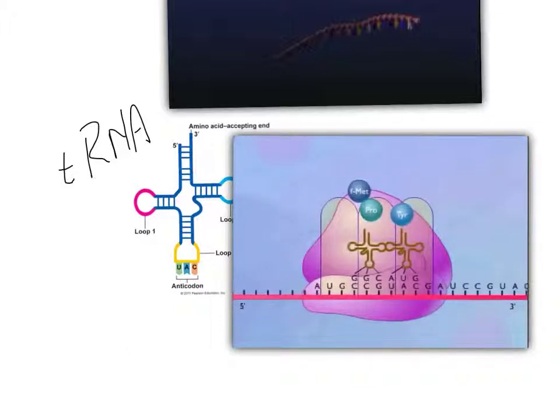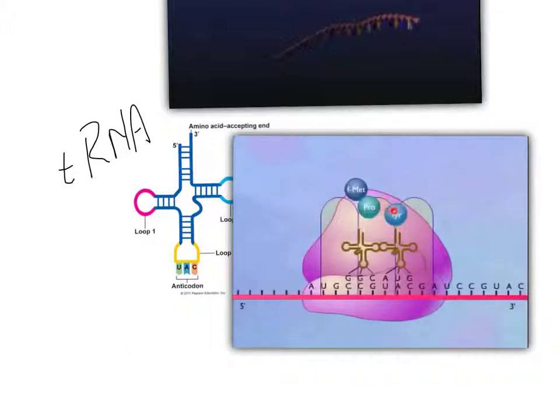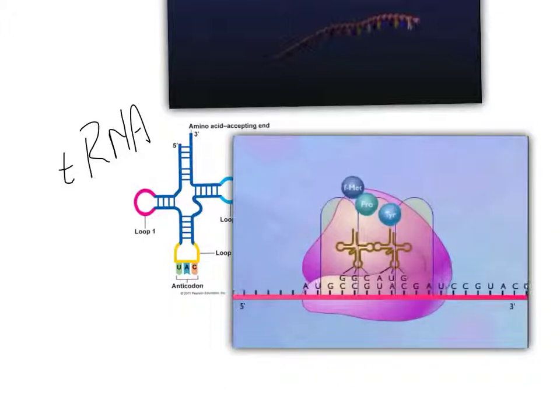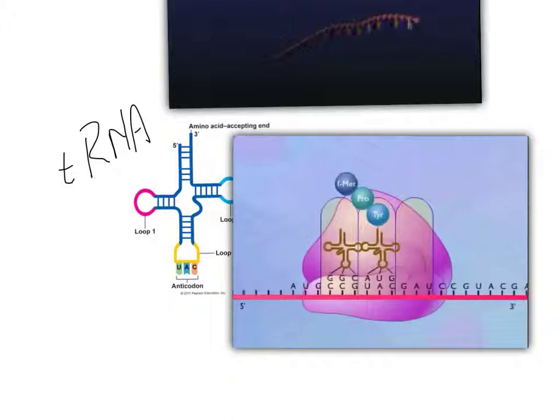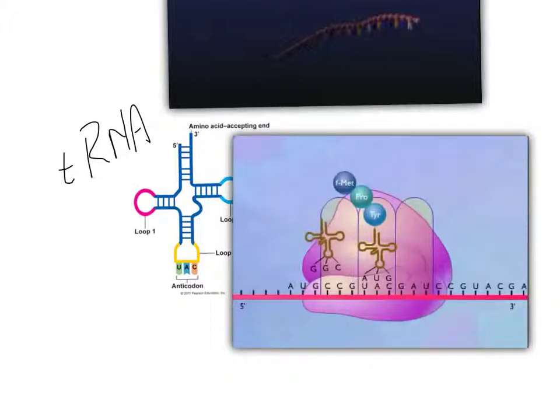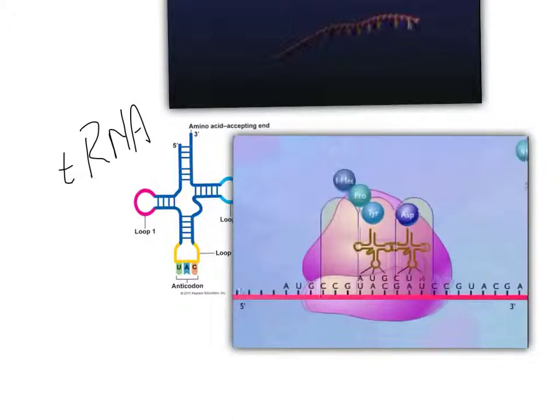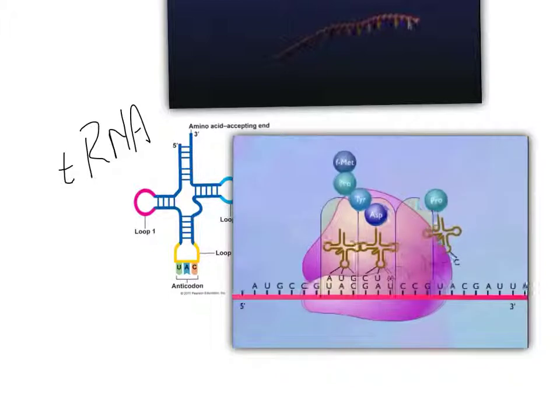Another peptide bond is formed. So now I've got a tripeptide. And then that tRNA molecule is released, and another tRNA molecule bearing another amino acid comes in, another peptide bond.